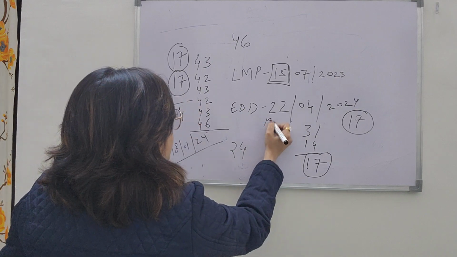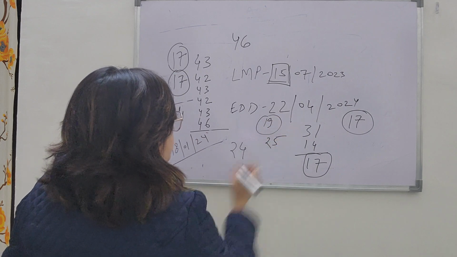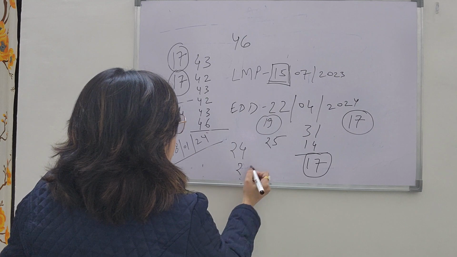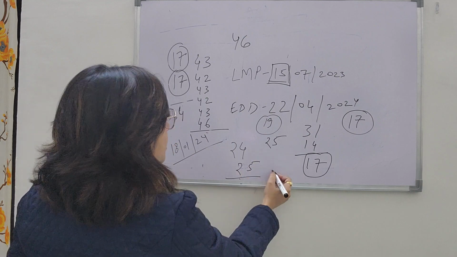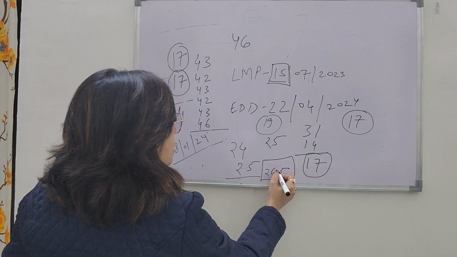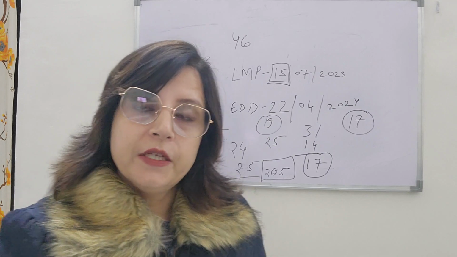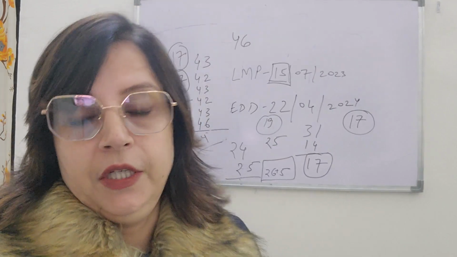So if you convert 19 days into weeks, 2 weeks, 5 days. So 24 weeks plus 2 weeks, 5 days, so it would be 26 weeks, 5 days. The lady's accurate gestational age would be 26 weeks, 5 days as on 18th of January.